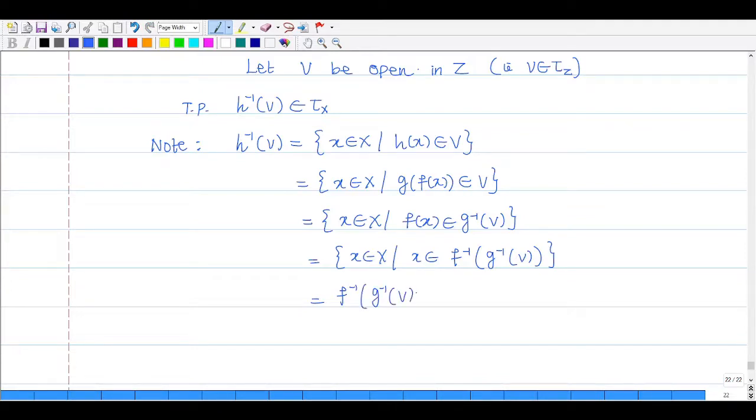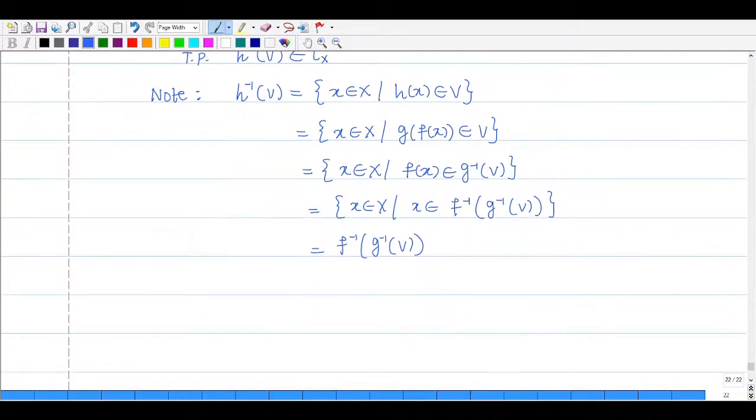Is it okay? அப்போ h inverse of v ங்கிறது f inverse of g inverse of v. அவ்வளவுதான். That is, h inverse of v is equal to f inverse of g inverse of v.